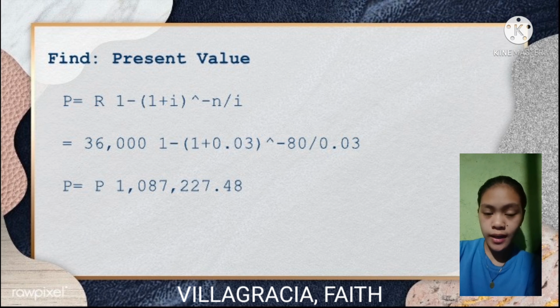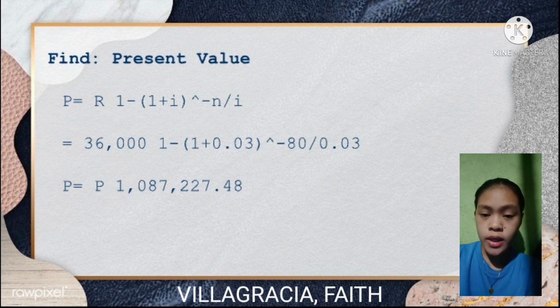Next, we need to find the present value, since every 3 months she needs to withdraw 36,000 when she reaches the age of 60. So therefore, present value is what we need to solve in this problem.